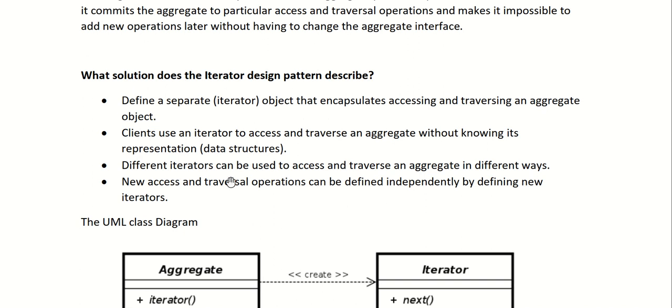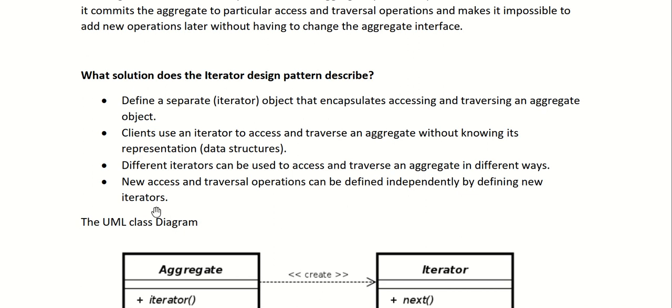You can provide different algorithms to access elements from a collection. See how cleanly decoupled the collection and the iterators are. That's why you can provide various implementations to access the elements of a collection or aggregate.